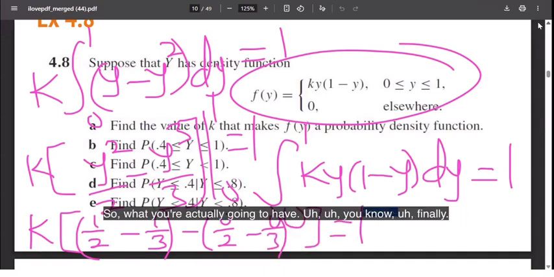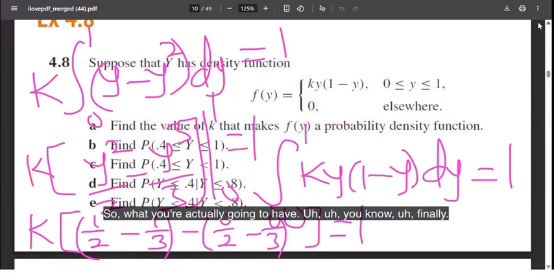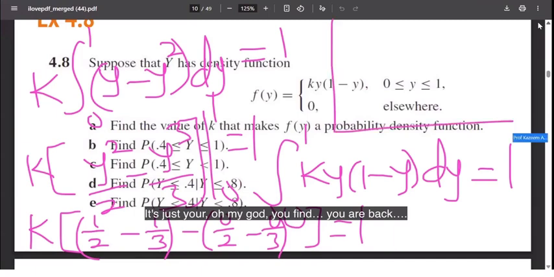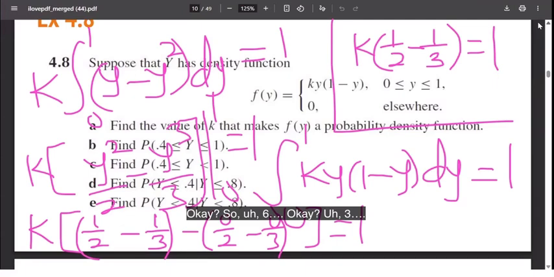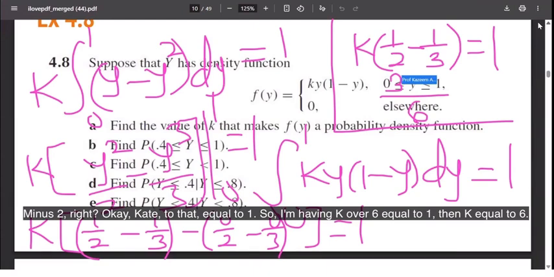So what you're actually going to have finally is, oh my God, you are back at maybe middle school or elementary school now, where you want to simplify that fraction. So 3 minus 2 over 6, times k, equal to 1.